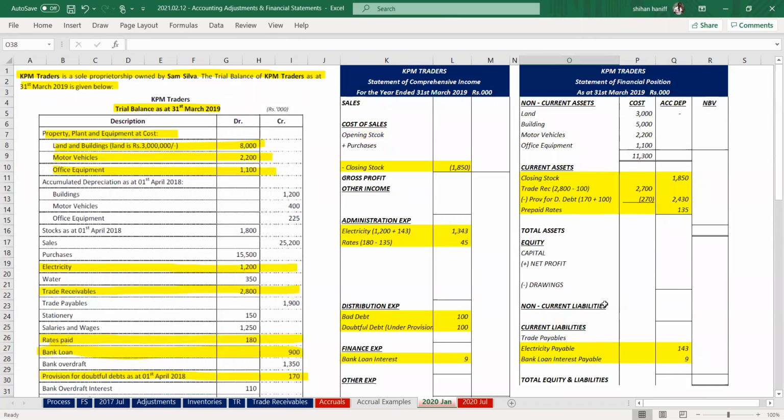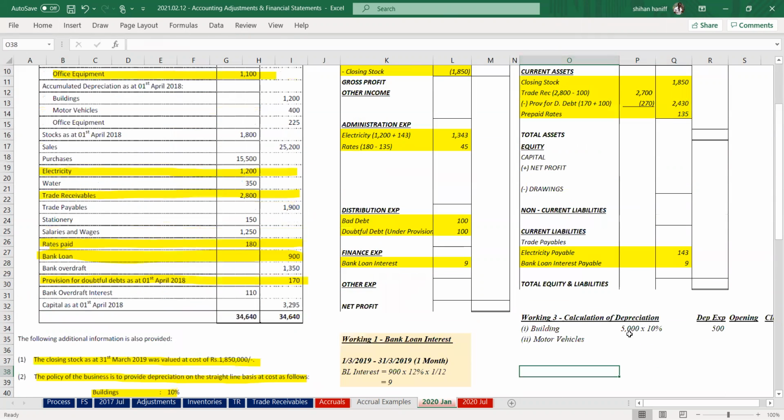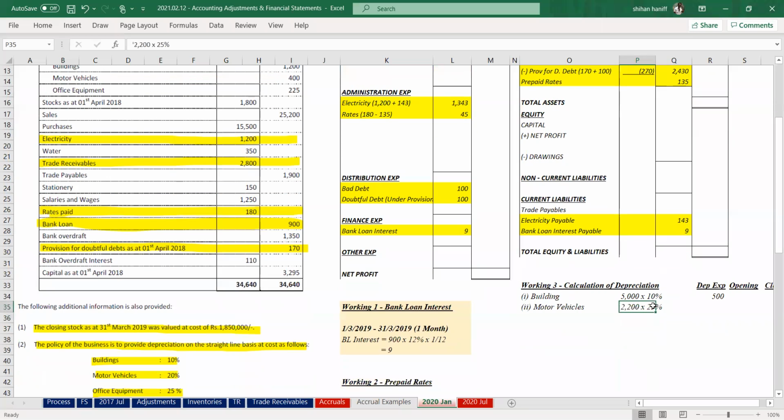Motor vehicle cost is 2,200 into 20%, 440.